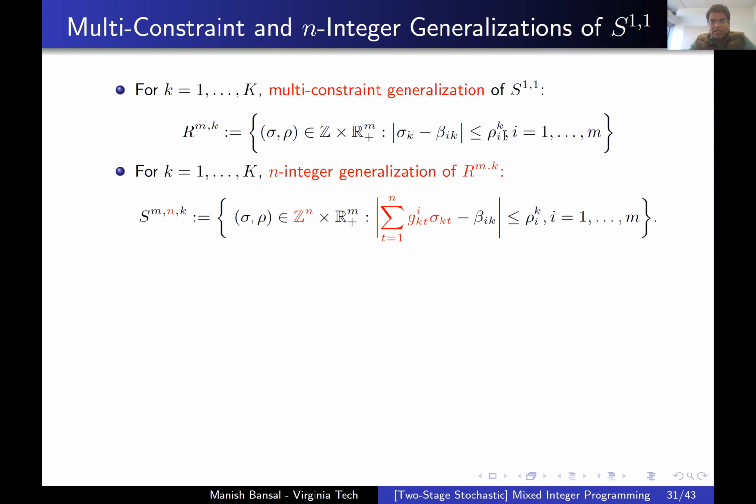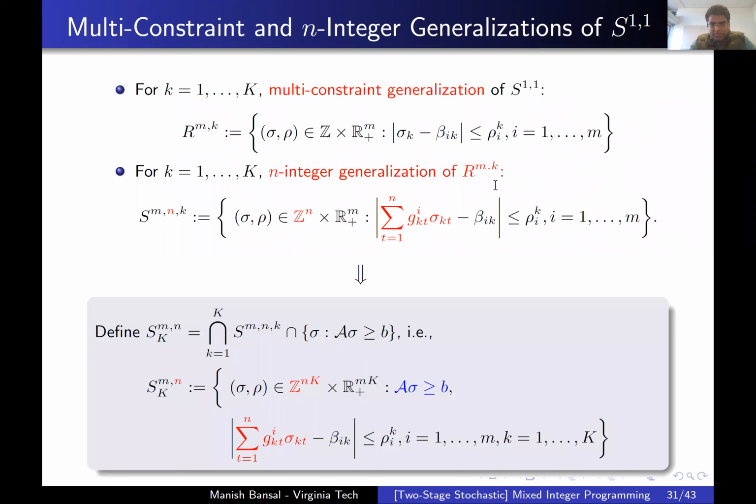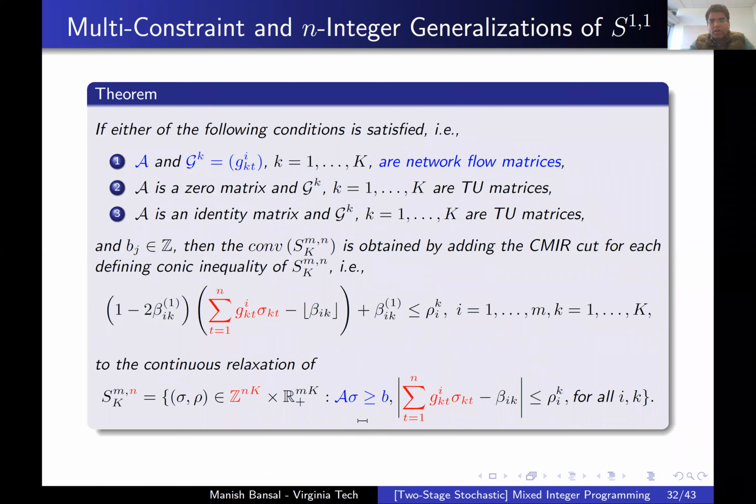Or we further generalize it to the n integer case, and consider this most generalized form, where you take this set S_{m,n,K}, which is the intersection of this n-integer multi-constraint generalization along with some linear constraint A sigma greater than or equal to b. We obtained this set, and we said, let's see what we can do.